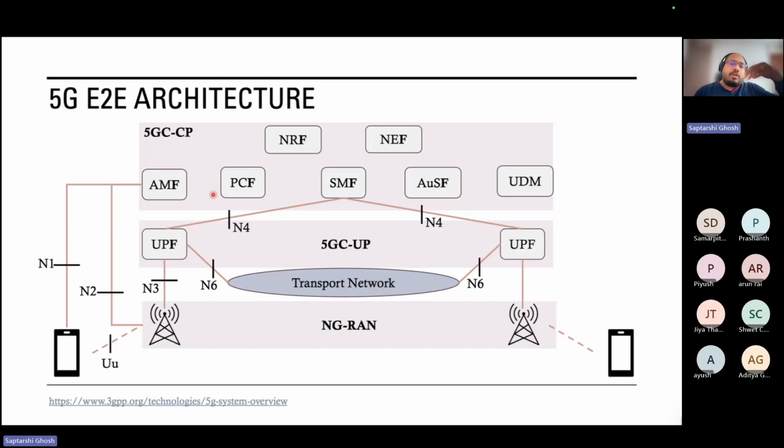And on top of the user plane, there's also something called a control plane. Here we have various functionalities that are responsible for controlling how the underlying user plane should perform. For example, if your subscription has lapsed, you cannot access the internet. Those kinds of things you can do on the 5G control plane.